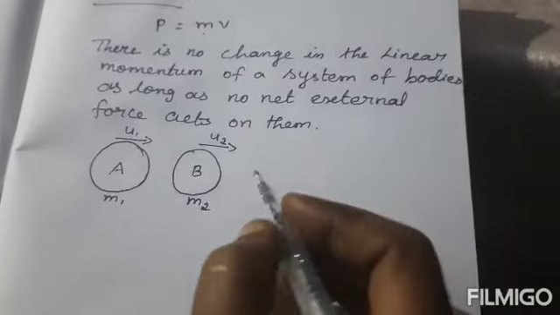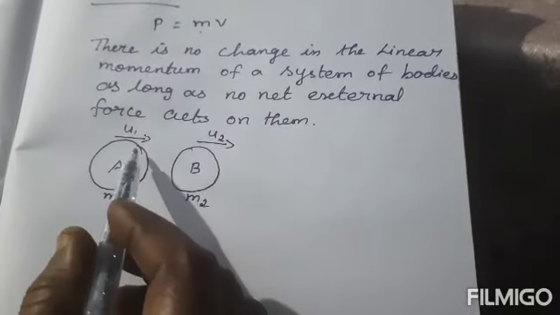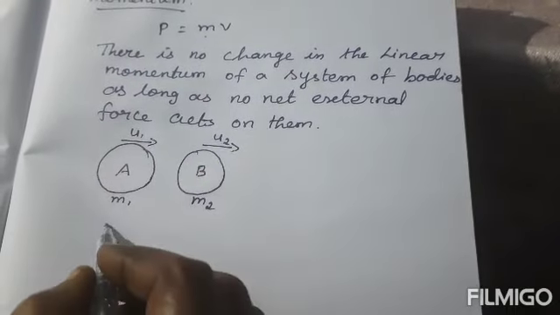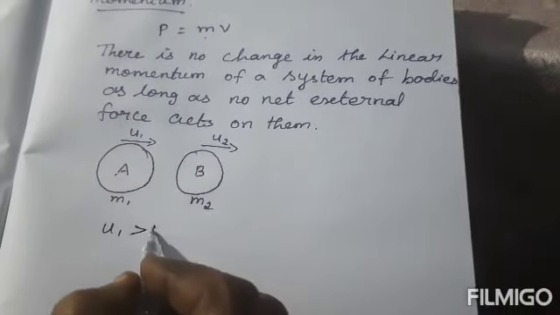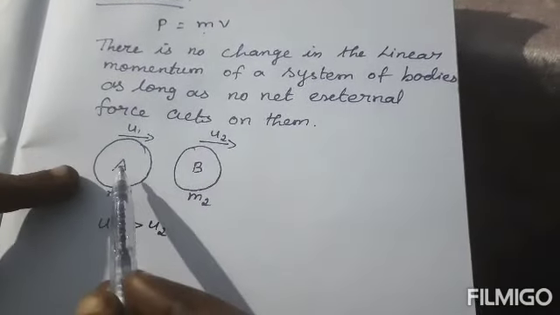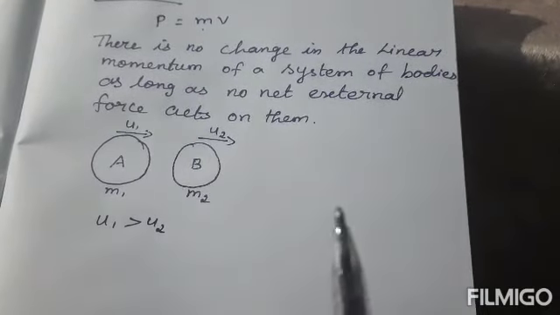Now, after some time, u1 is greater than u2. That means the speed of object A is greater than the speed of object B. What happens?